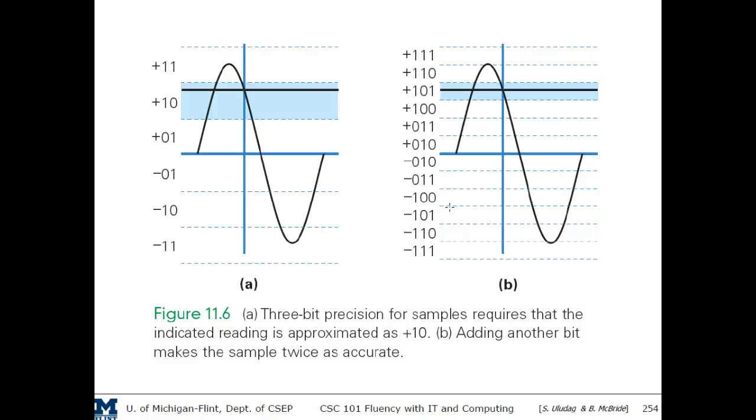The difference between 3 and 4 is that in 3 we only have 7 different levels that we can record, if you include 0. And on the right, by just increasing the precision by 1 bit to 4, we get 15 levels that we can represent between the maximum and 0 and the negative minimum value.